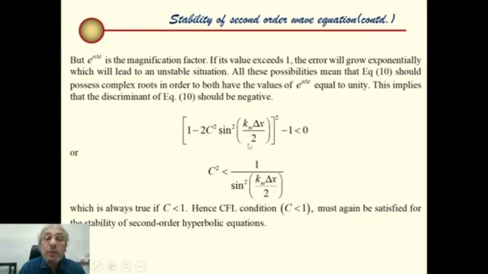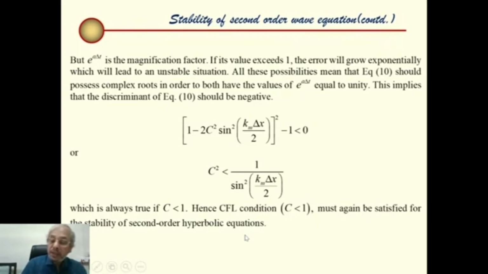Sine square value is always positive, and from there we can get that c square has to be less than 1 by sine square km delta x by 2. So, which is always true if c is less than 1. Hence, CFL condition, which is Courant number less than 1, again must be satisfied for stability of second order hyperbolic equations.